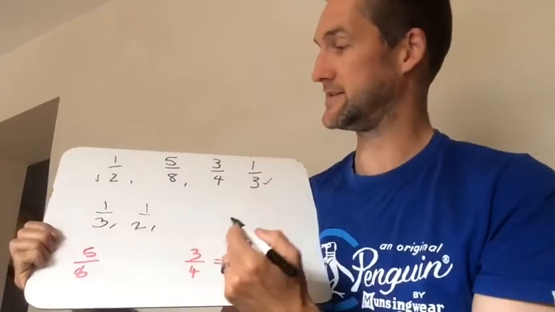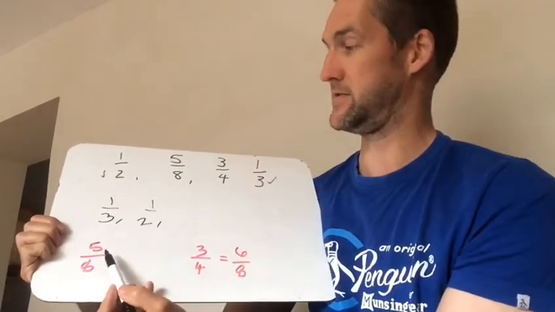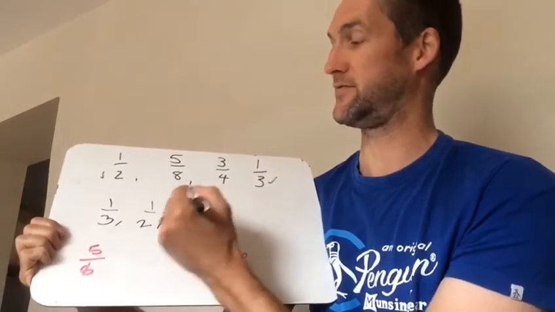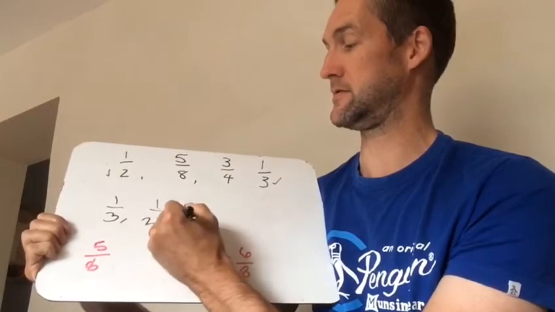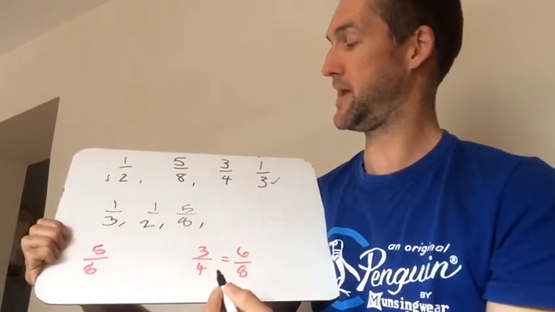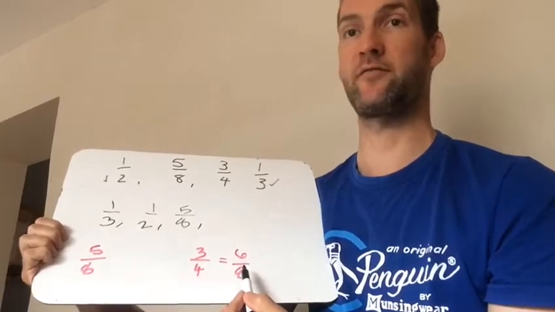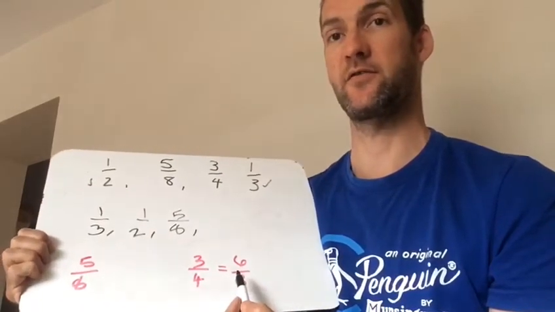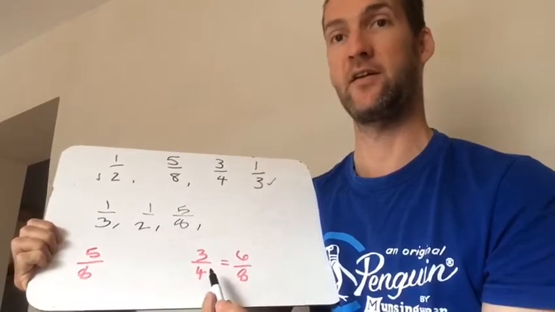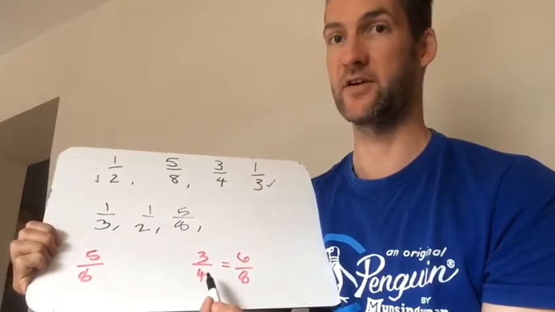So I can then see that my next smallest fraction is 5/8. And my biggest fraction is this one here. Now, because I've changed it to a different denominator, I need to write it in the form it was given in the first place.